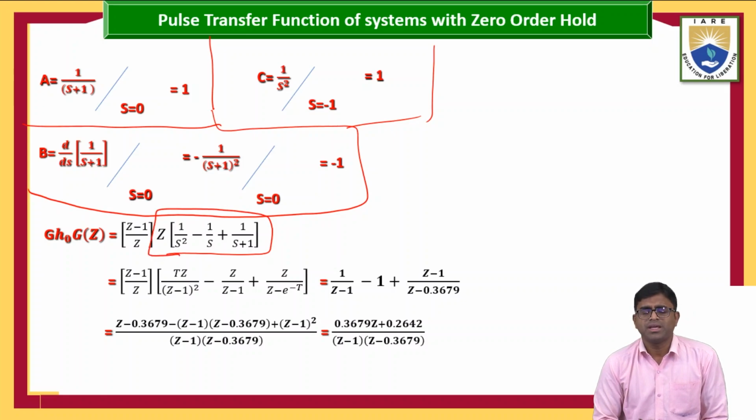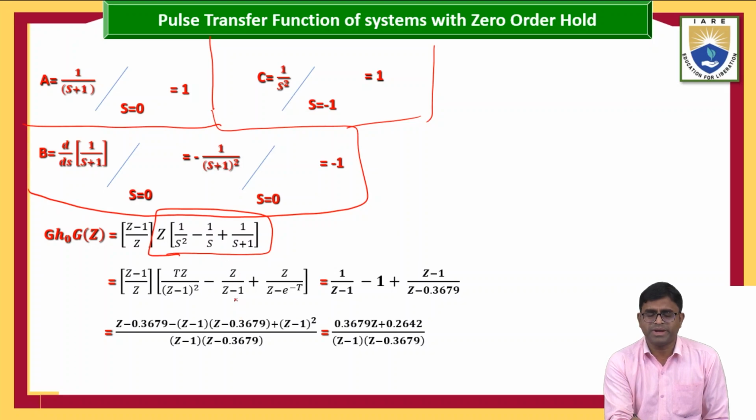If you apply the Z transform for this function, it is coming as tz by z minus 1, a formula I already explained. For only 1 by s, it is coming as z by z minus 1. If it is squared, the order is increased, that is z by z minus 1 whole square into t.